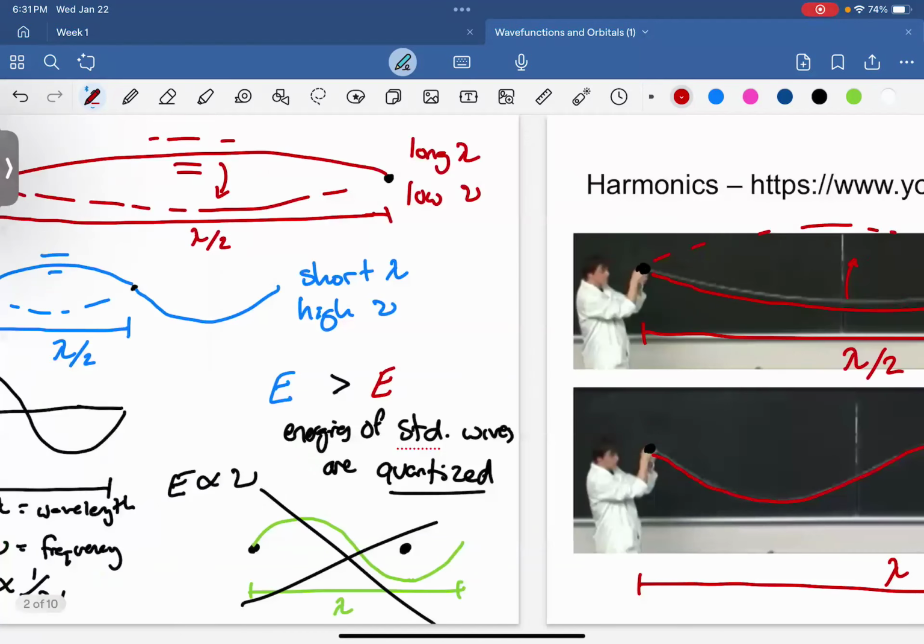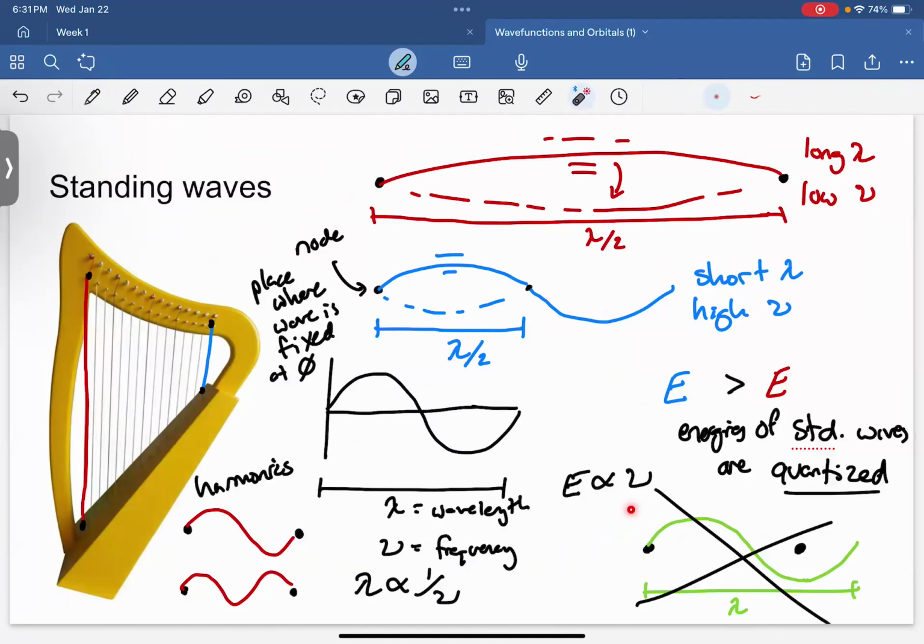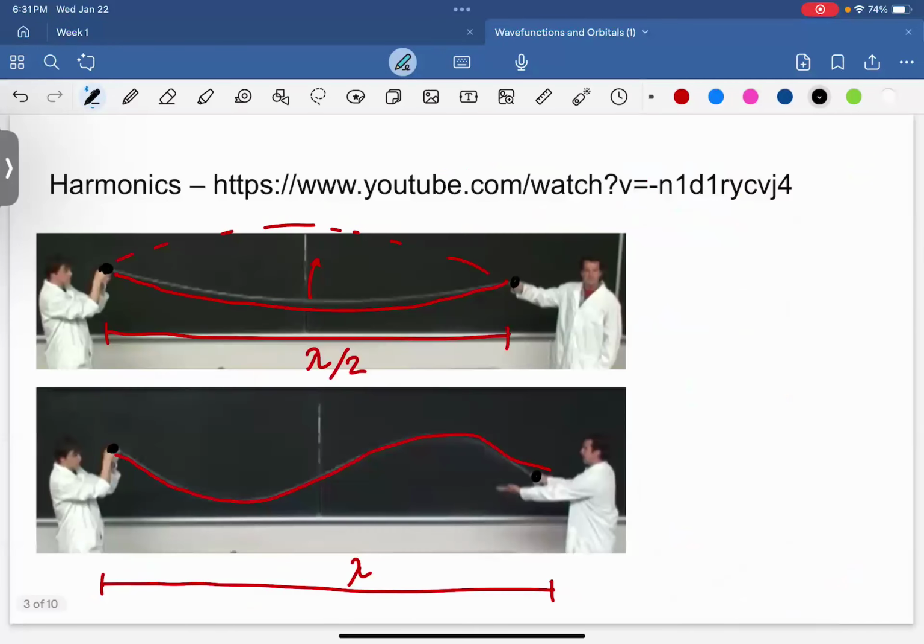And because energy is proportional to frequency, it's also inversely proportional to wavelength. So shortening the wavelength, because we've gone from this being half the wavelength to this being the entire wavelength, means we've also increased the energy. So going from here to here is an increase in energy.